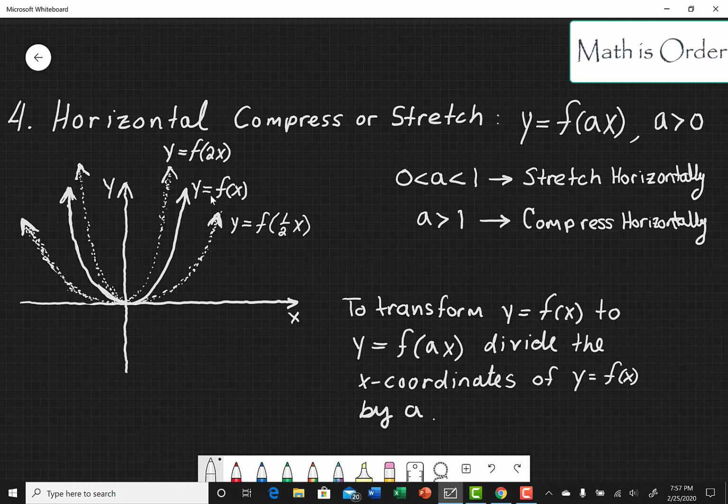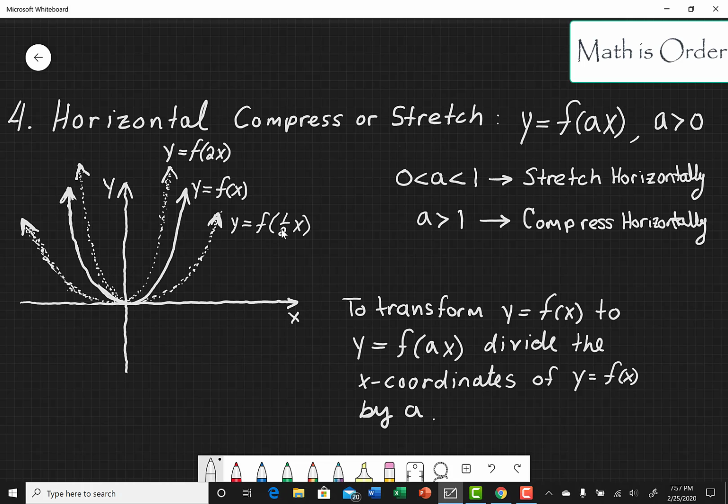So you can see here that for the original function, this solid curve here, if a was, say, 2, then you can see that this was compressed horizontally. We compressed this function so that it appears steeper. It appears to increase more rapidly and decrease more rapidly.